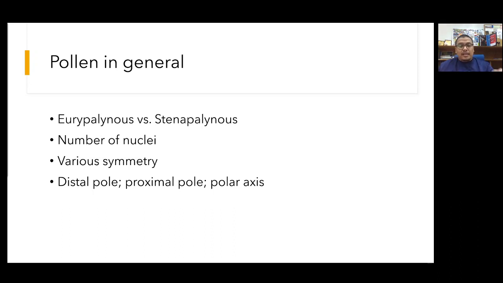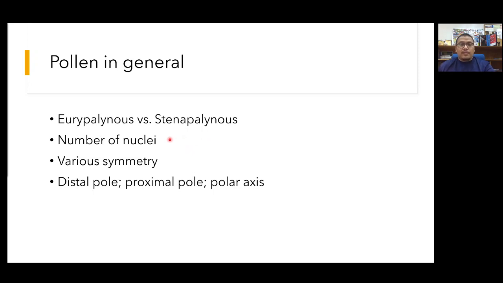So some families such as Asteraceae show different types of pollen. Like you can look at Eurypalynous, whereas several others have single morphological pollen types, Stenopalynous.